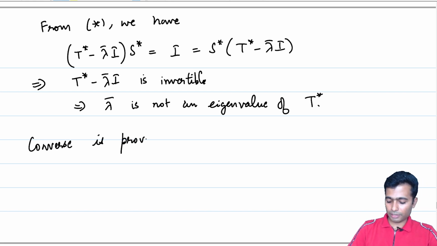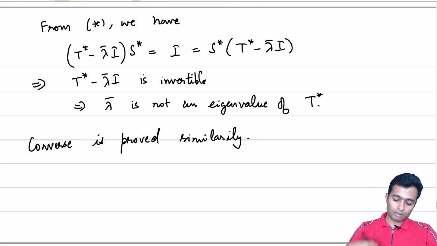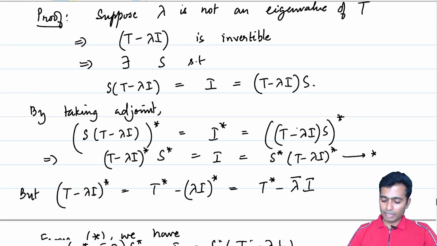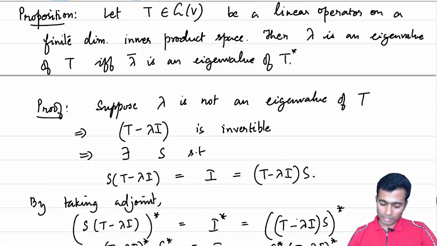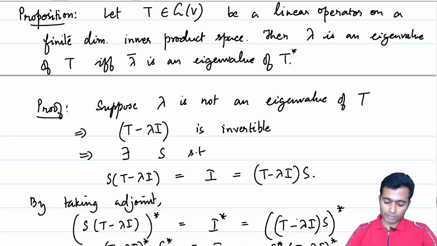I will leave it as an exercise for you to check that if lambda bar is not an eigenvalue of T star, then lambda is not an eigenvalue of T. And with that, we would have concluded that the contrapositive of both the statements have been proven, and hence lambda would be an eigenvalue of T if and only if lambda bar is an eigenvalue of T star.